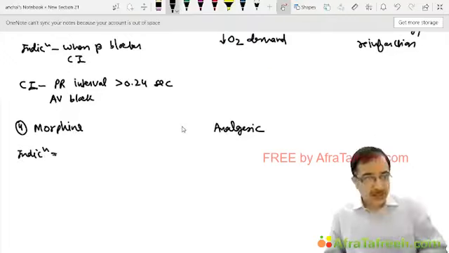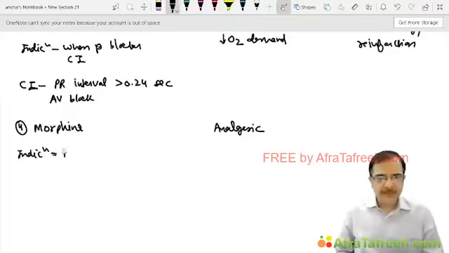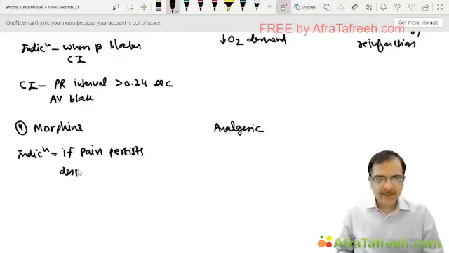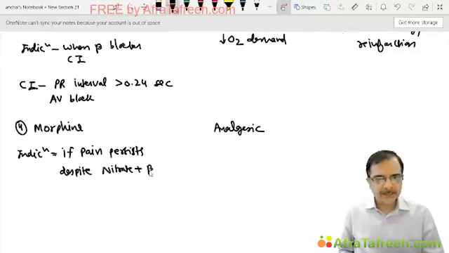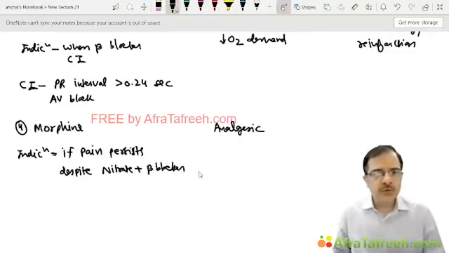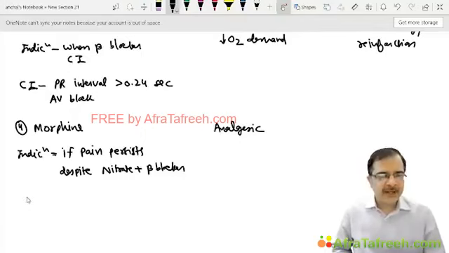The indication of giving morphine in an elevation MI is if pain persists despite nitrate and beta blockers. Then comes the role of the morphine.